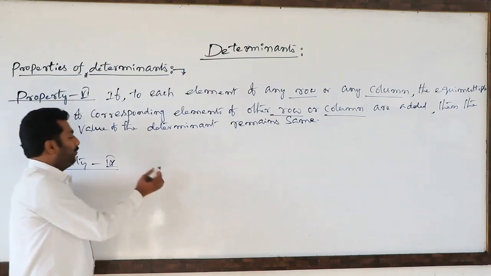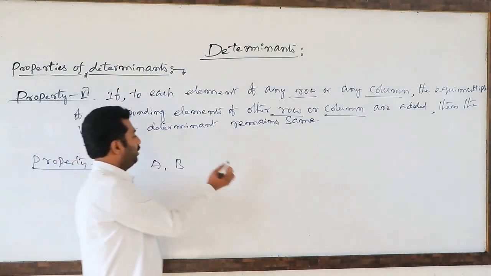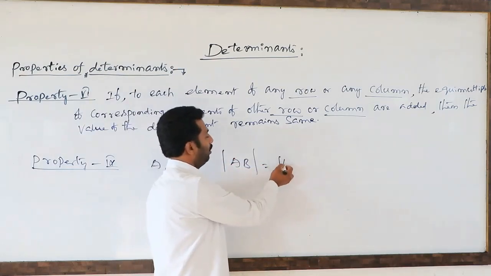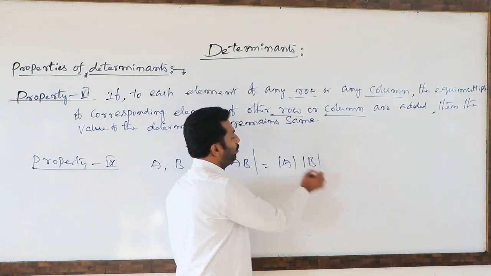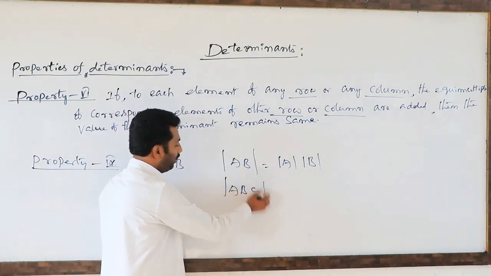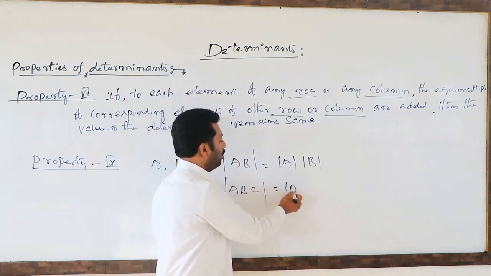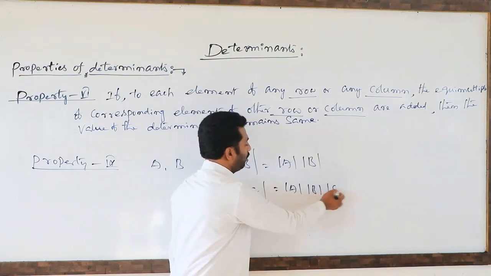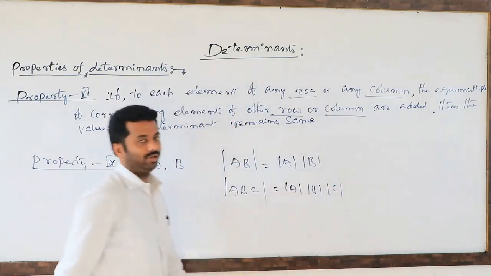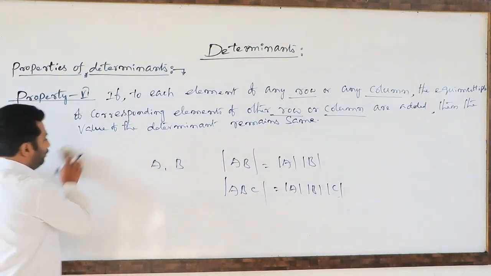If A and B are two square matrices, then determinant of A into B is equal to determinant of A into determinant of B. Not only that, for a product of three matrices, it is determinant of A into determinant of B into determinant of C. This is another property.